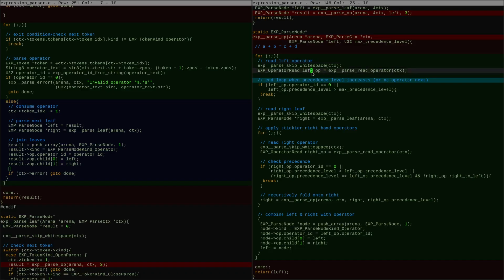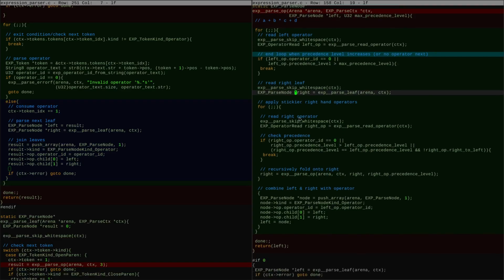The loop is check the operator. If there's no operator left, or if it goes beyond your max precedence level, you're done. Then check the right hand side, get this right hand piece, and check the right hand operator. If the right hand operator is an escalation of the stickiness, right? If it's stickier than you, then you recurse to it with that same precedence level as itself, as the limit, right?